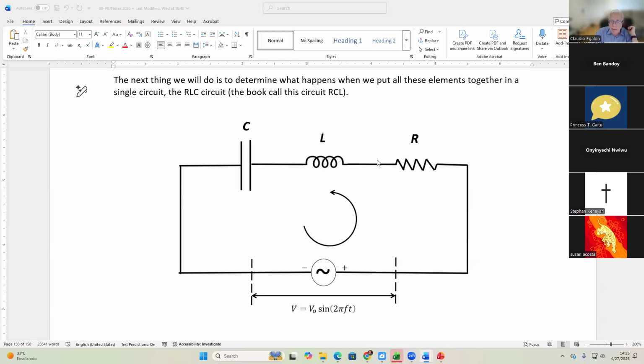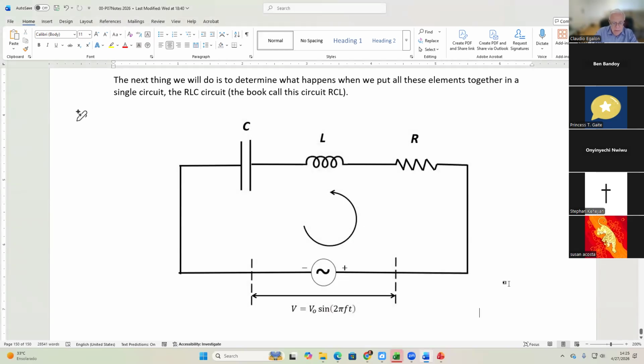Because the current flows through a single point in this circuit. That's why I came up with that other equation. But the voltage, you can have a discontinuity in the voltage because the voltage pertains to a single element in the circuit. Here V sub C, here is going to be V sub L, here is going to be V sub R. But the current must be the same throughout the whole circuit, okay?